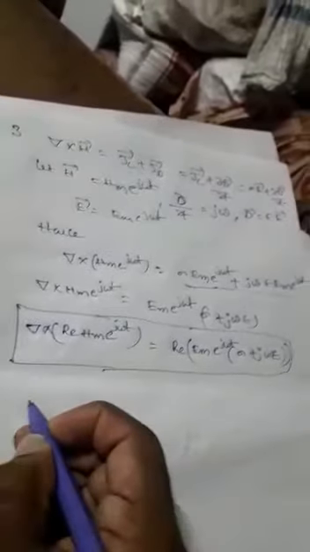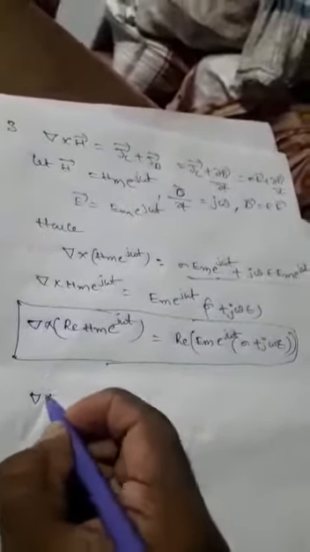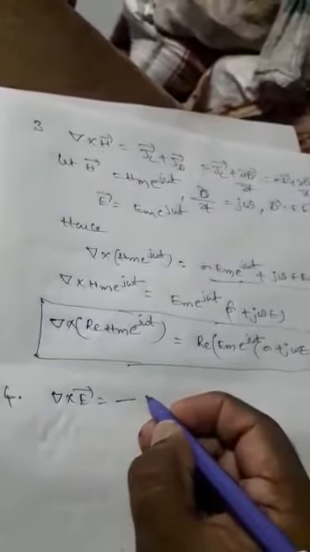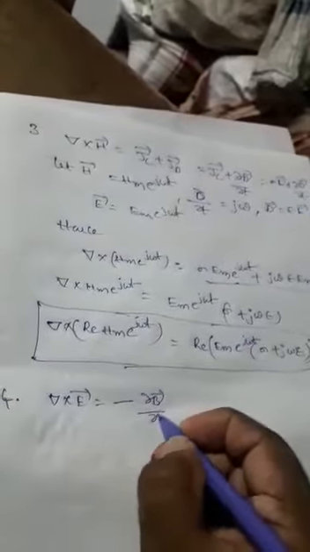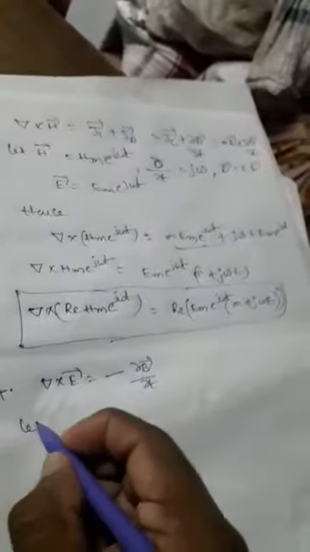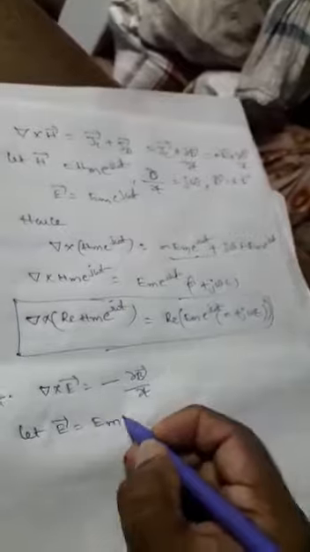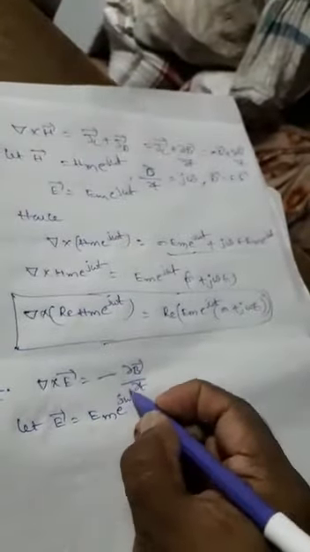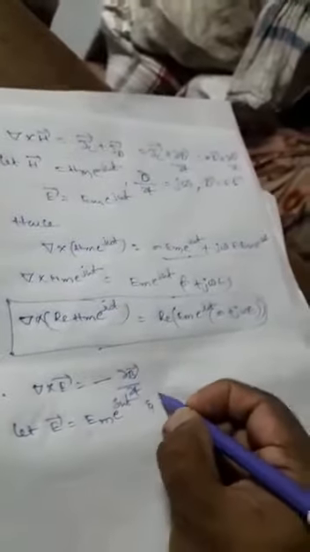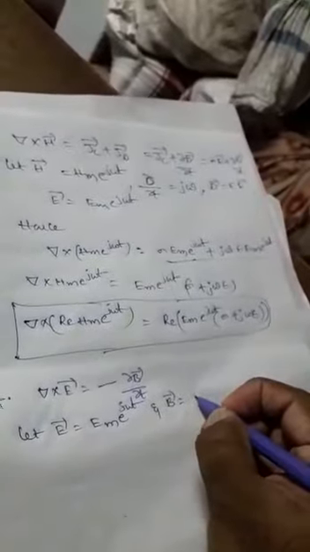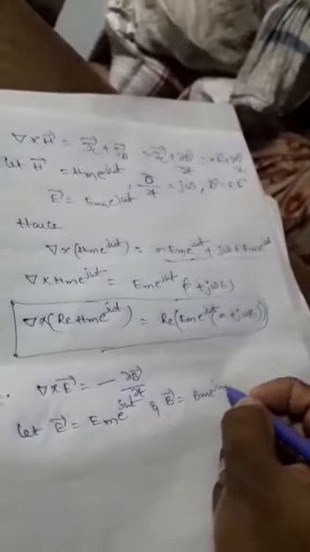Next, the fourth equation is curl of E bar is equal to minus dou B bar by dou t. Let E bar be equal to Em into e to the power of j omega t and B bar be equal to Bm into e to the power of j omega t.